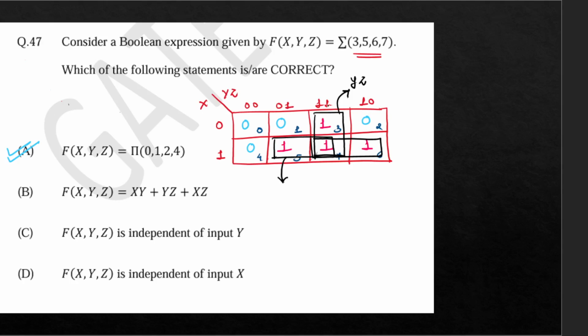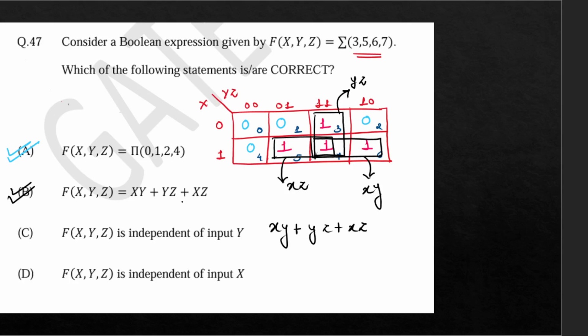What is the common you can get from this? YZ, right? And this particular box will give you what expression? X will be there. After that, what is the common you are going to get? Y. So XY we are going to get, right everyone? So what is the equation we are going to make from this? XY plus YZ plus XZ. So can I say that option B is also correct, right?